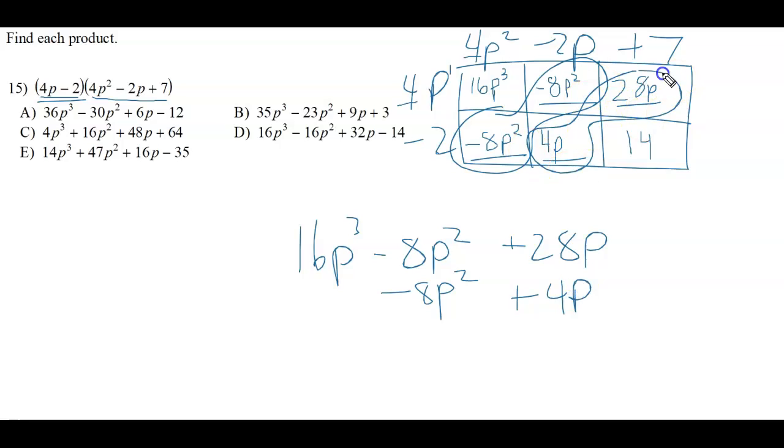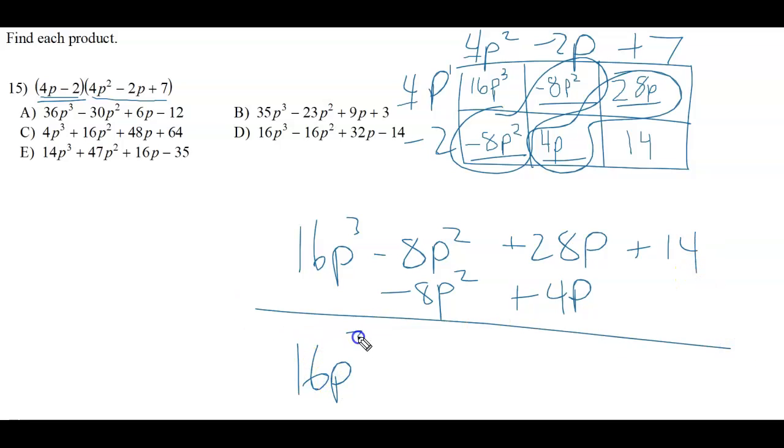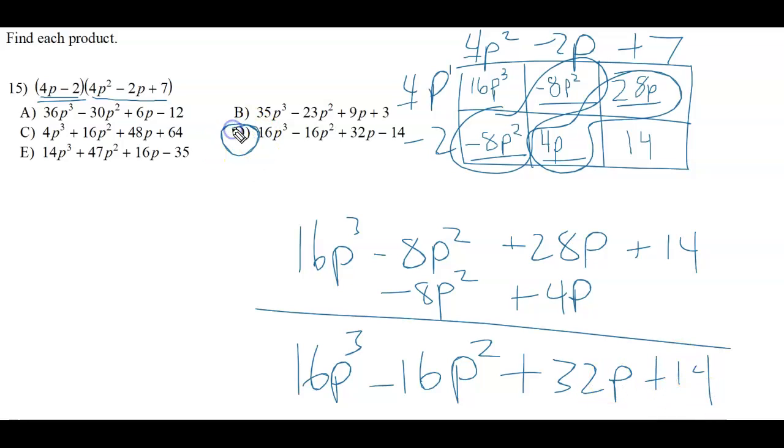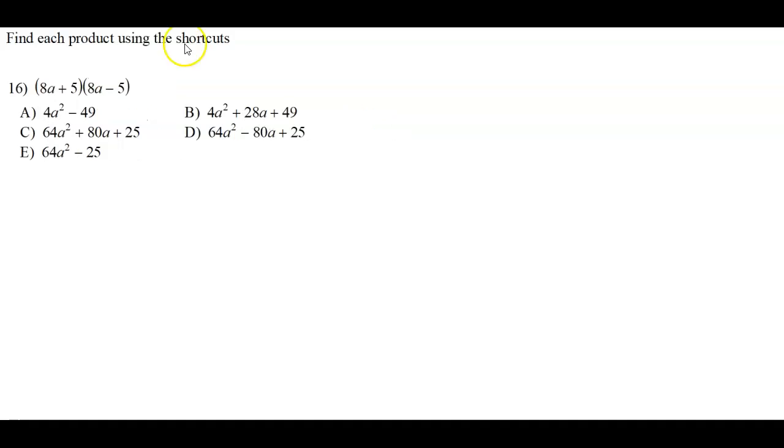Once again, diagonal from each other. And then finally 14. Final answer. Combining the like terms, we end up with the following. And that would give option D, it looks like. So that's how you multiply a binomial and a trinomial.